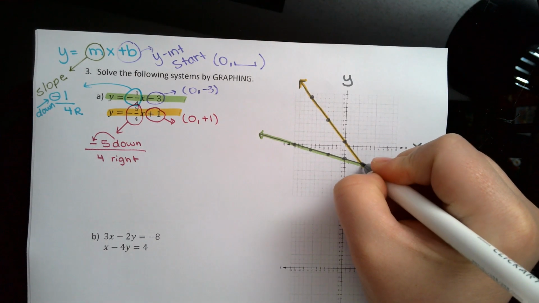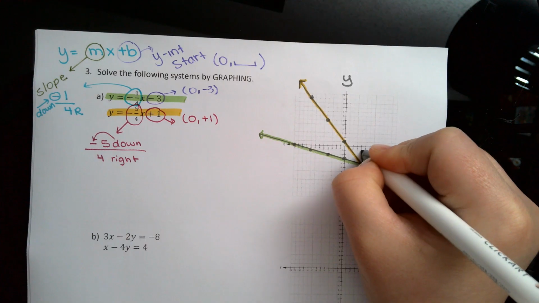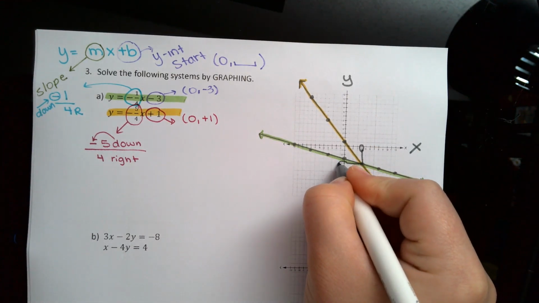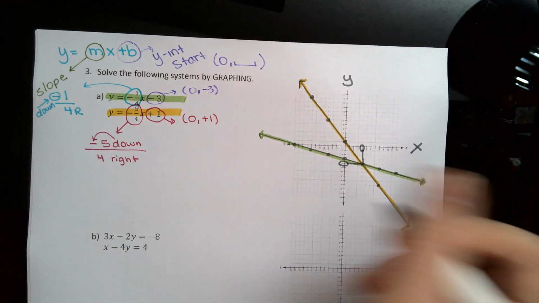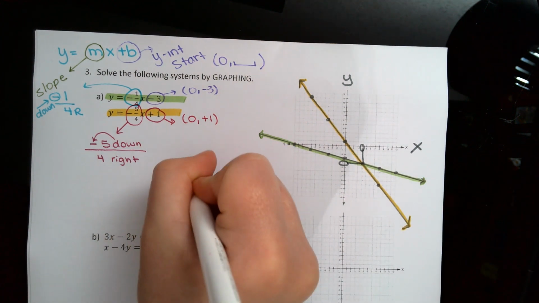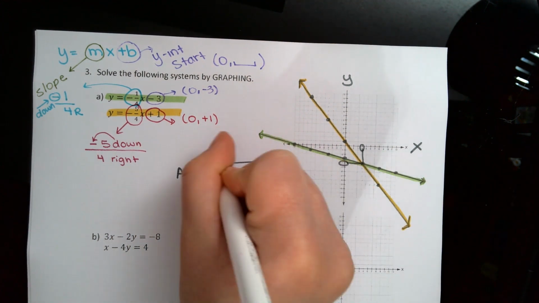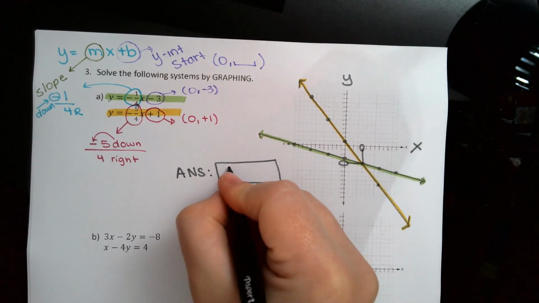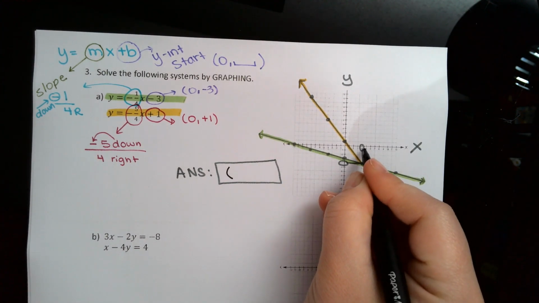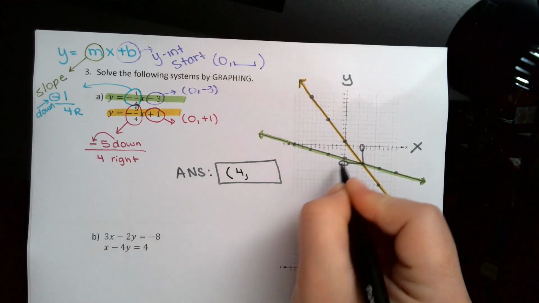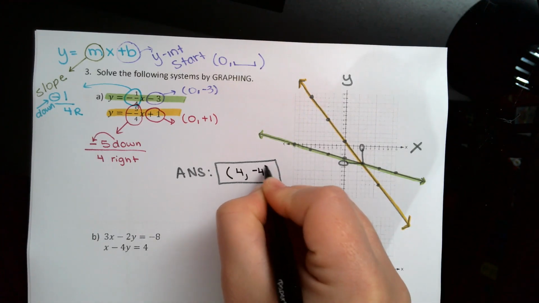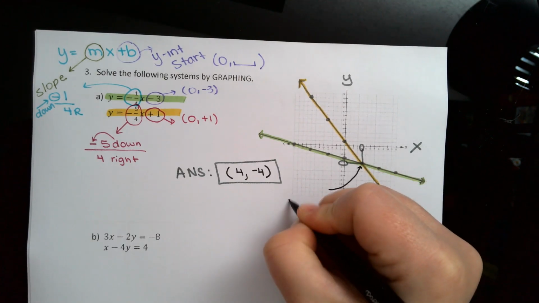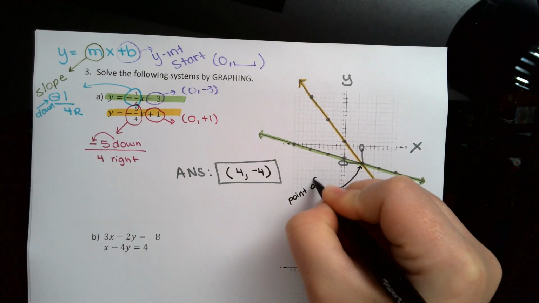So I'm going to take my intersection, drag up, that's going to be my x, and drag to the side, that's going to be my y. So our answer, here's my little answer box, is going to be open x is positive 4, comma, negative 4 on the y. So again, the answer is our point of intersection.